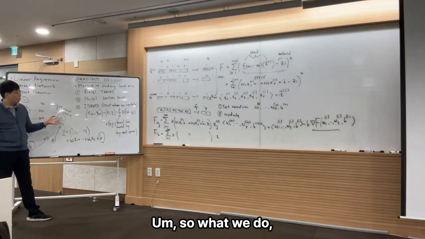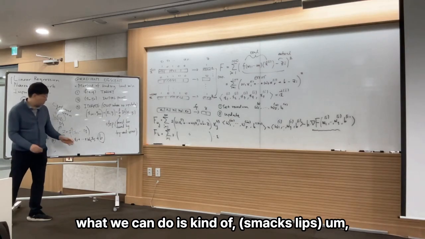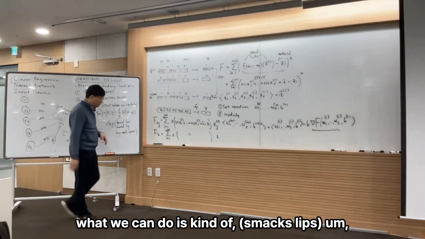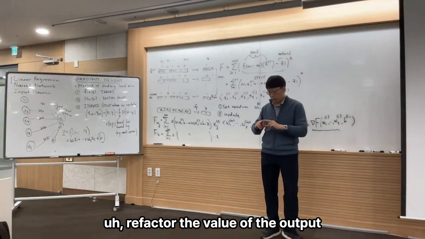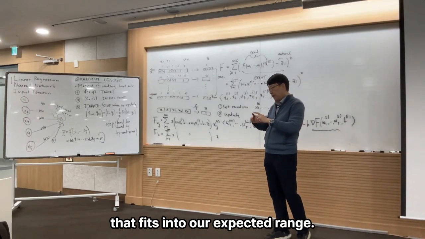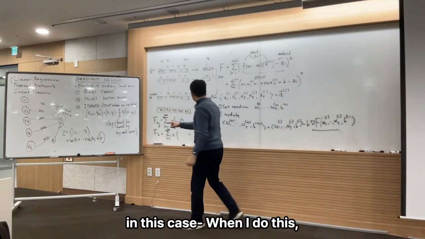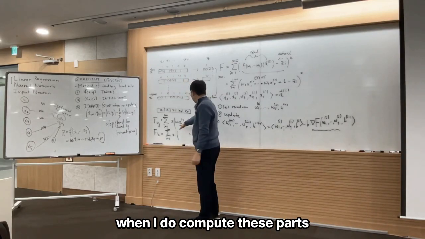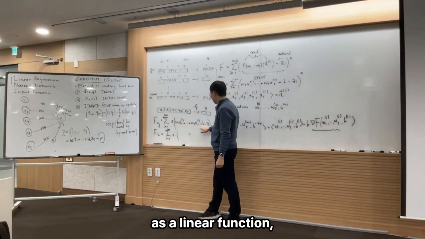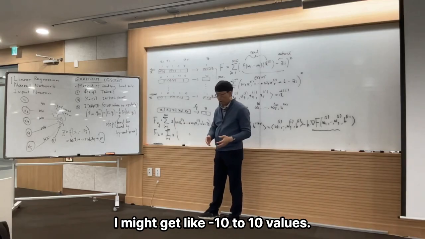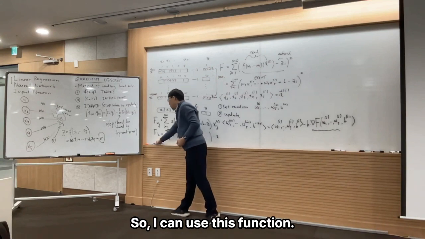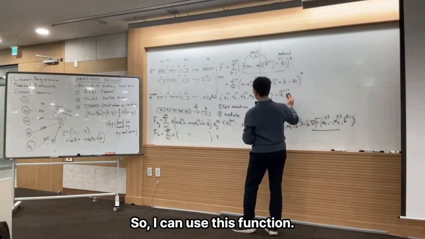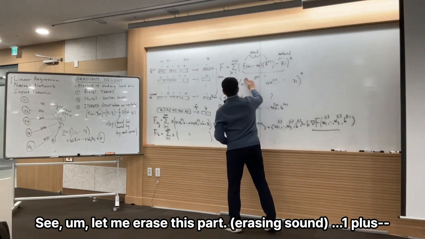So what we can do is refactor the value of the output so that it fits into our expected range. For example, in this case, when I compute this part as a linear function, I might get values from minus 10 to 10. So it's very far away from the expected values of 0 and 1. So I can use this function. Let me erase this part.